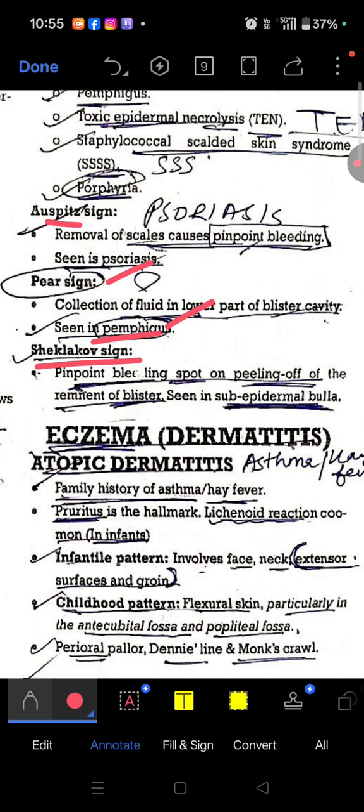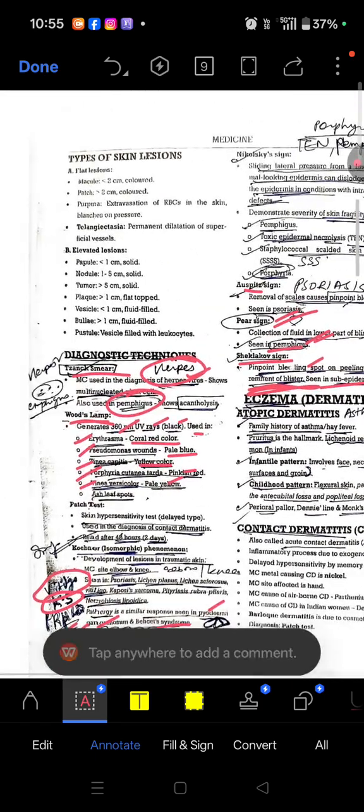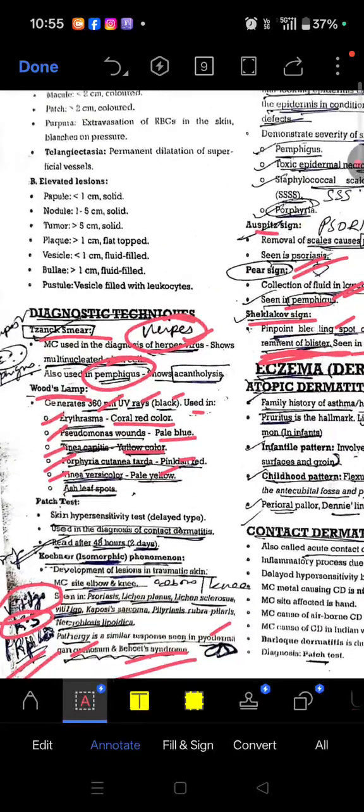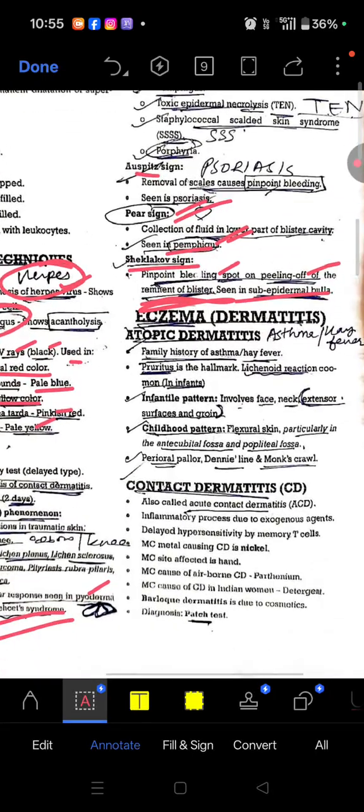It is a pinpoint bleeding spot on peeling of the remnant of blister. If we peel the blister, there is pinpoint bleeding. It is seen in subepidermal bulla. Pierce sign is for pemphigus, Auspitz sign for psoriasis. So this is all about the important diagnostic tests seen in various skin diseases.